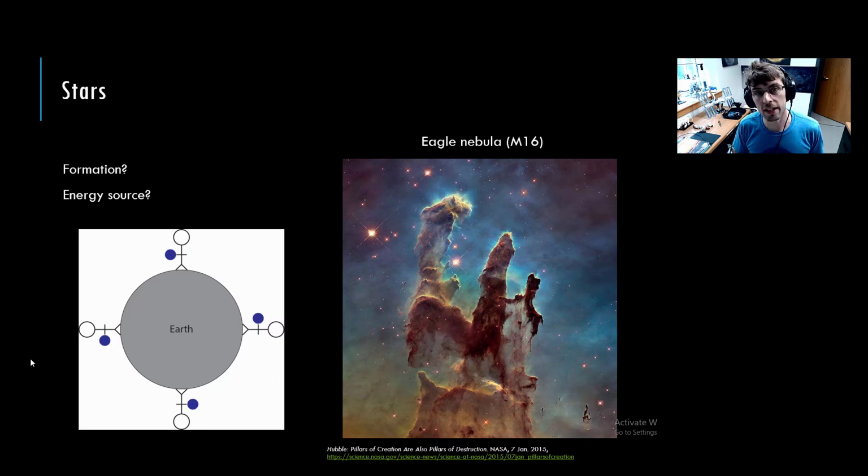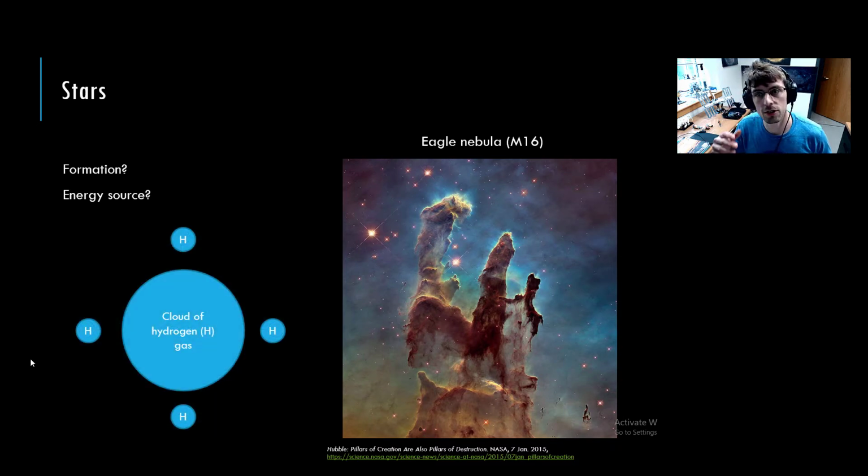Okay? So instead of 4 people holding on to individual balls around the Earth, you could think of 4 hydrogen atoms on the outside of this hydrogen cloud of gas. Now, as these atoms fall, they'll speed up, they'll have an increase in kinetic energy, and from our discussion about temperature, we know that if the individual molecules of an object are moving faster, on the microscopic scale, we interpret that on the macroscopic scale as being an increase in temperature.